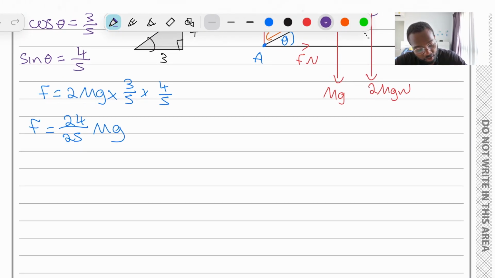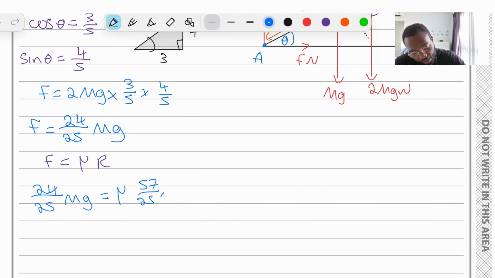Therefore, if we go back to the equation, F is equal to mu R, we know that F is 24 over 25 mg. That is equal to our mu, and our reaction, that was 57 over 25 mg.